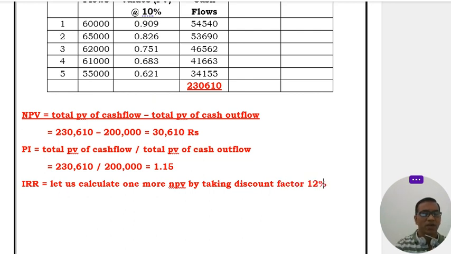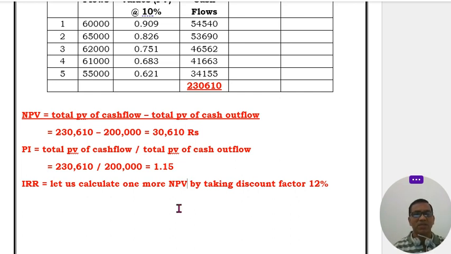I hope you understand why I am taking 12%, because you have to take a rate more than 10%. More than 10% means you can try anything, 11, 12, 13, 14, no issues. Here I took 12%.